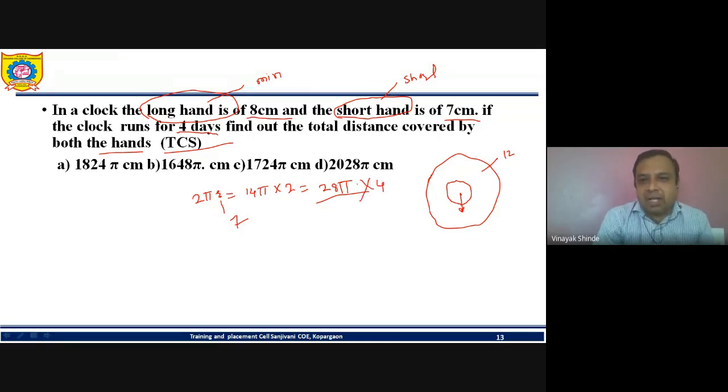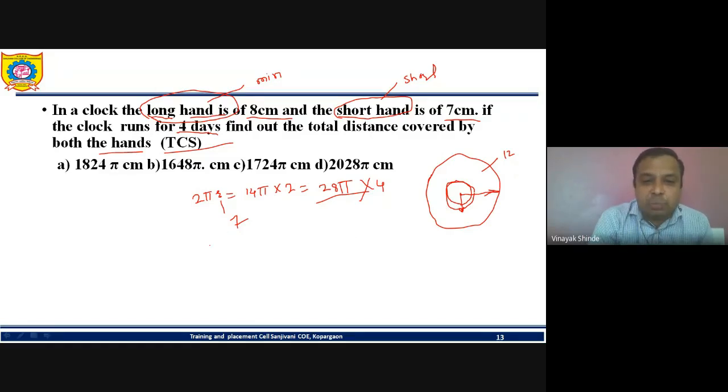Right? Similarly, if I go for the long hand, long hand means minute hand. The minute hand completes one rotation in 1 hour. Right? So in a day we have 24 hours. So first of all, we need to calculate how much is the distance traveled by the minute hand in 1 hour.